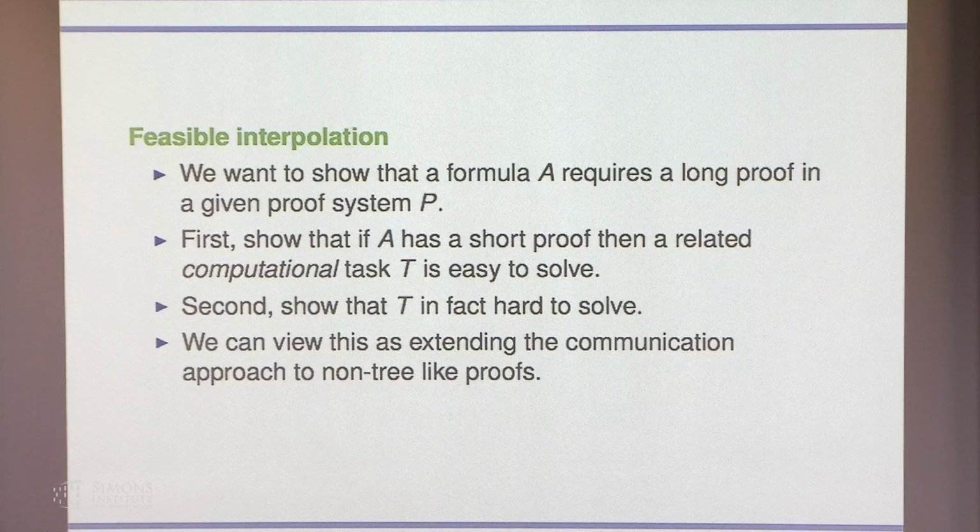So you have a proof system and a proof of some tautology, and you will show that if there is a proof in your proof system, then you can solve some related computational task relatively cheaply, and then prove a lower bound in computational complexity to get a proof complexity lower bound.